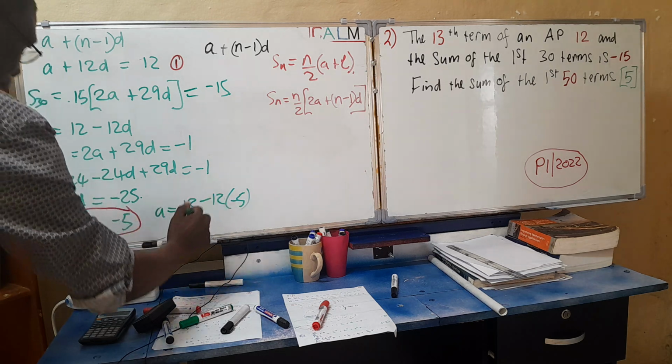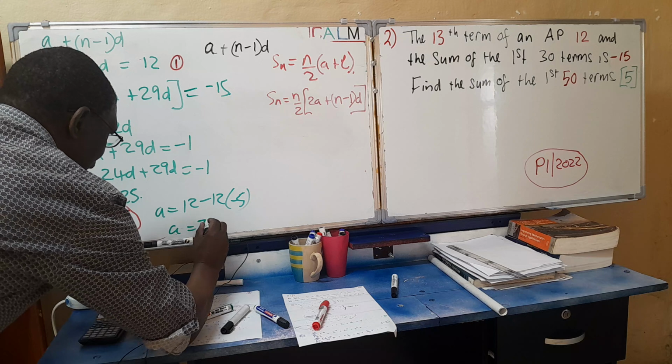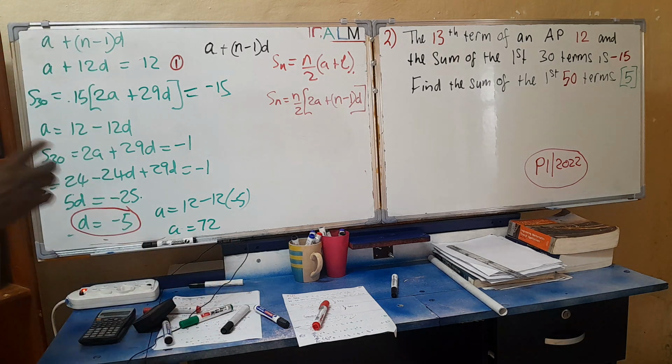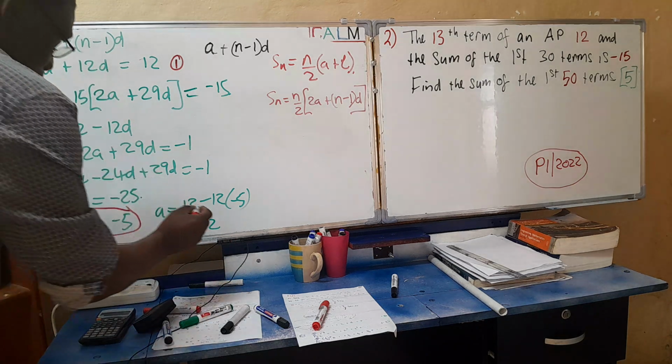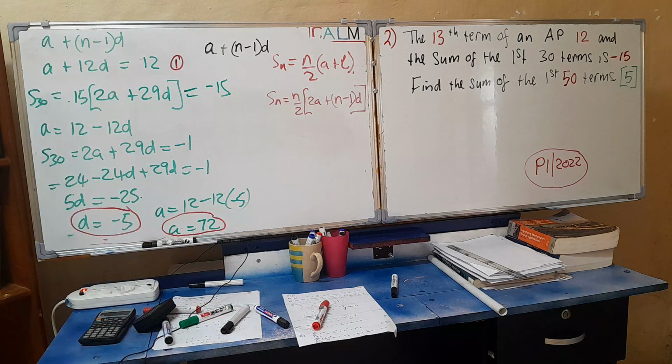So it's 12 plus 60, which is equal to, a is equal to 72. That's the value of a there. So my a is equal to 72. Right.